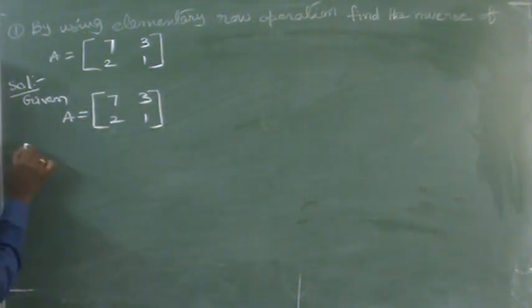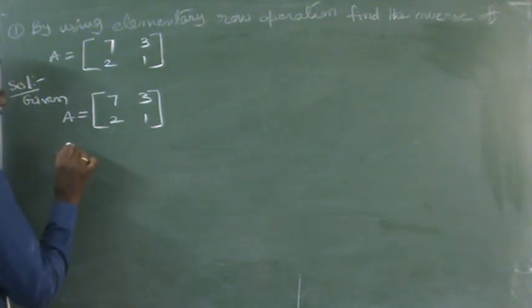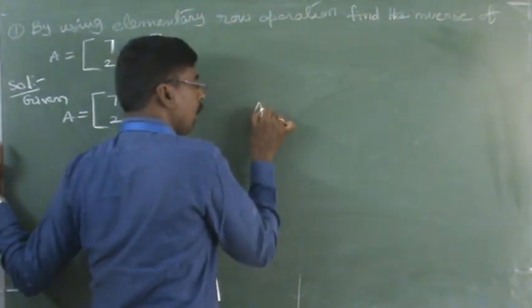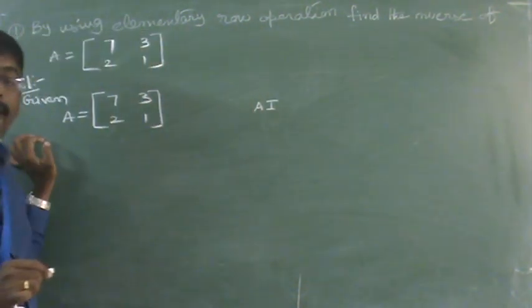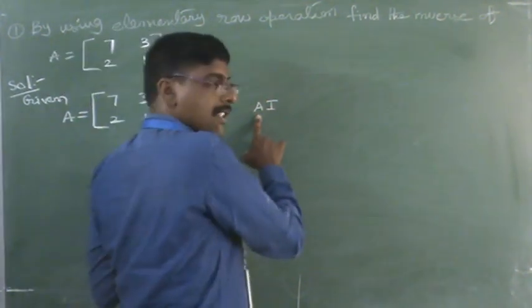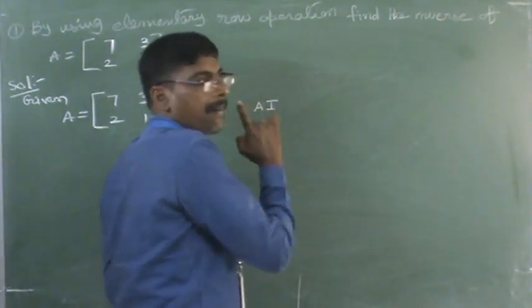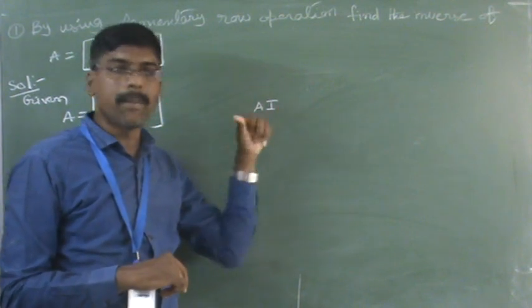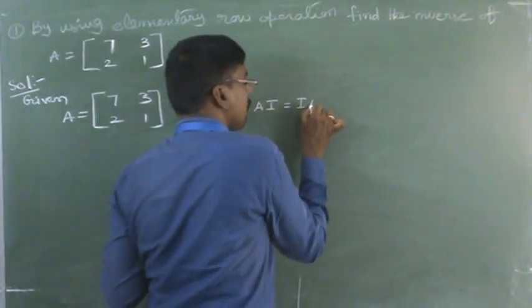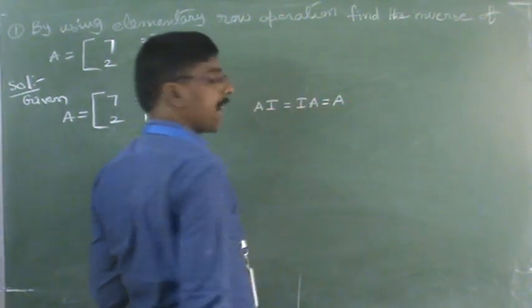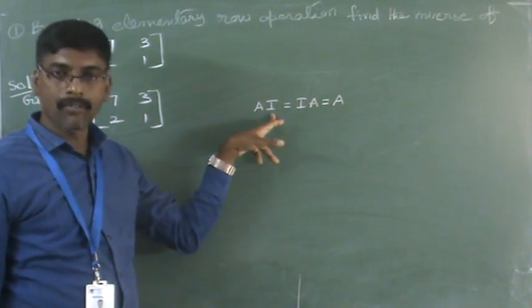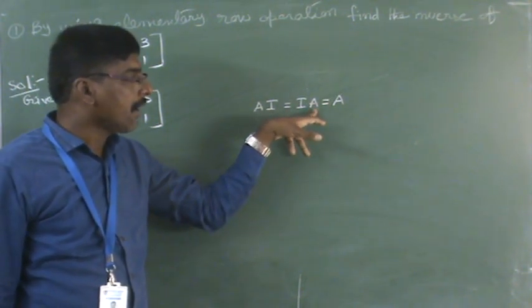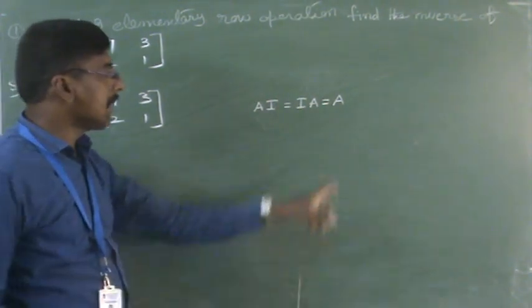Already we know very clearly that when a matrix A is multiplied with the unit matrix, A into I equals I into A, and we get the same matrix A. This is very, very important.